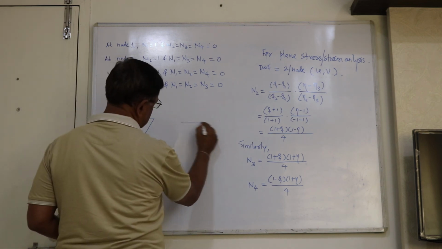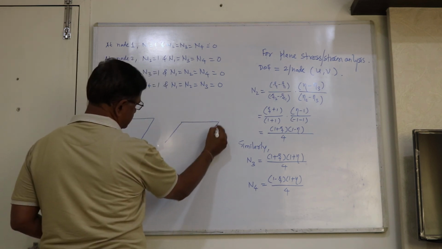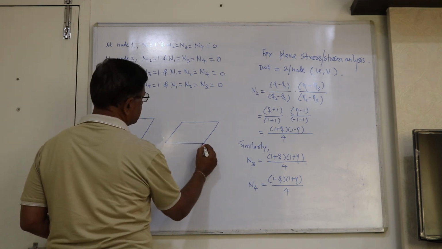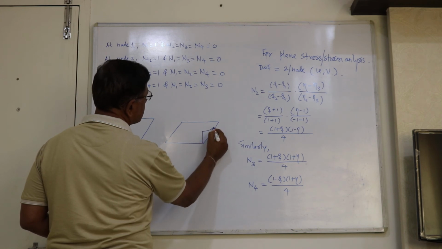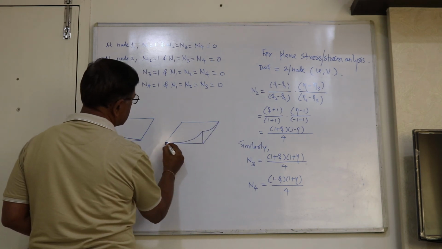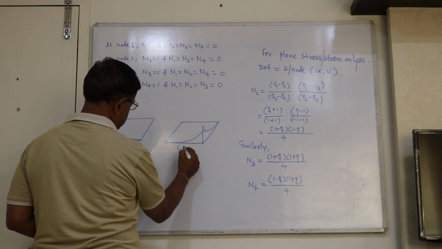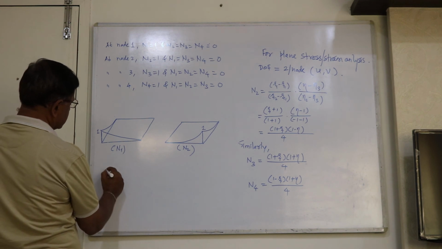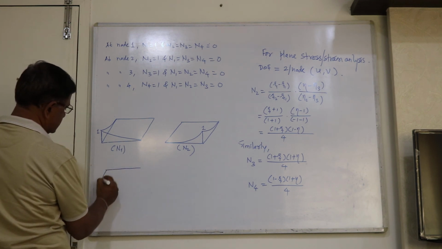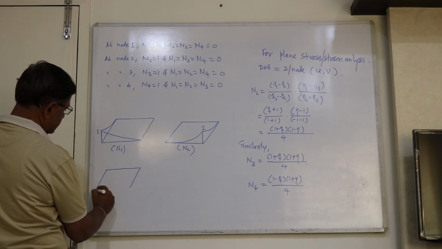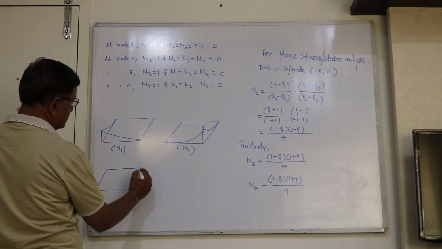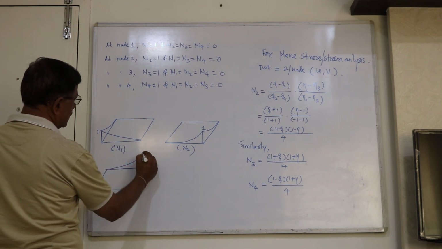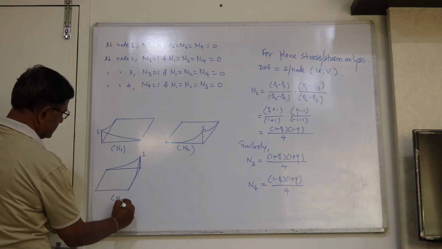Similarly, you can plot N2. So here it is 1. This is the N2 function. This we have already seen for shape functions in Cartesian coordinates. So this is in the natural coordinate system, and similar shapes you will get here also. So this is 1, this is N3.